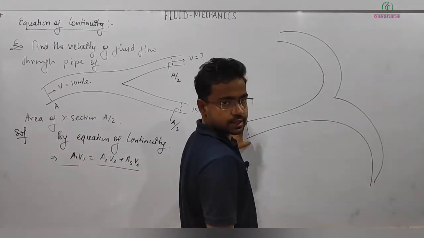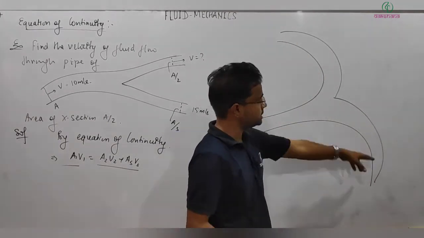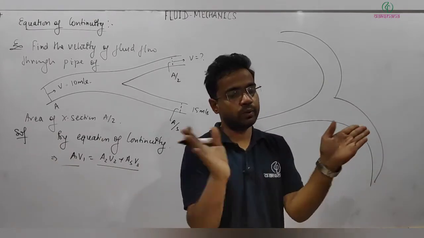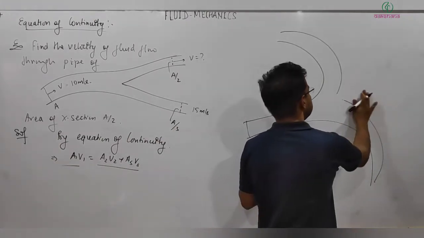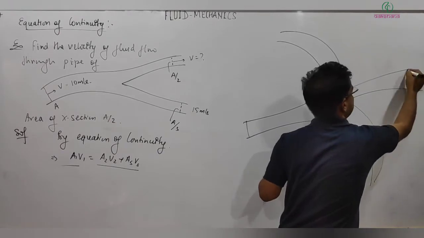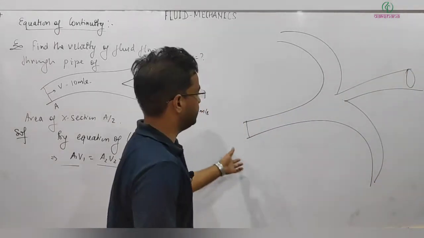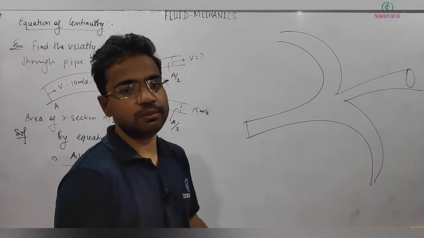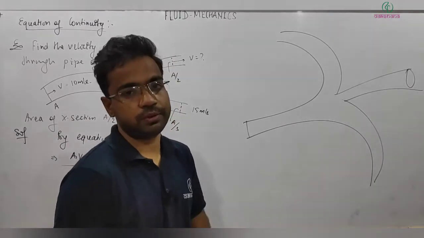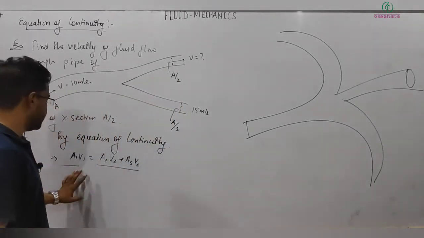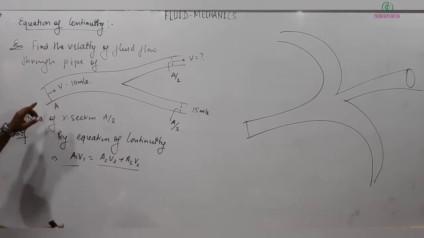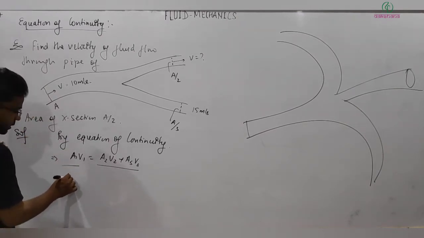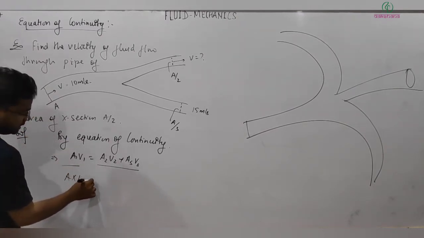So A1 V1 will be equal to A2 V2 plus A3 V3, and whatever the number of points it may be exiting out, say it is exiting here also, then it will be A1 V1 equal to A2 V2 plus A3 V3 plus A4 V4. Exactly this way we can write it. This area is A, velocity is 10 meter per second.